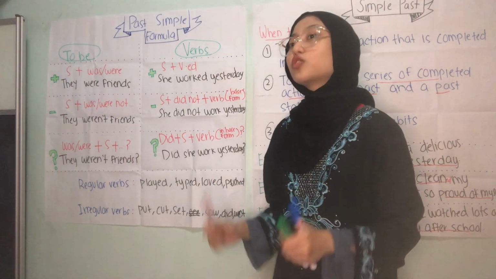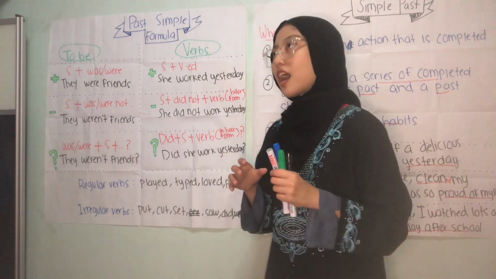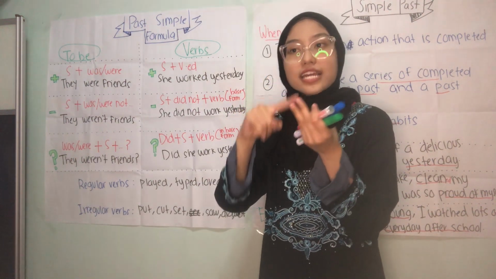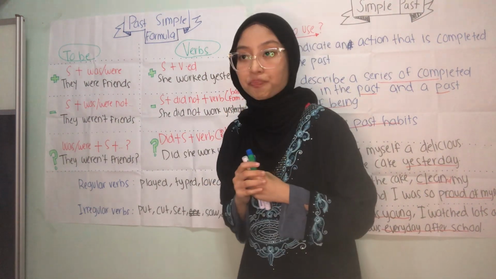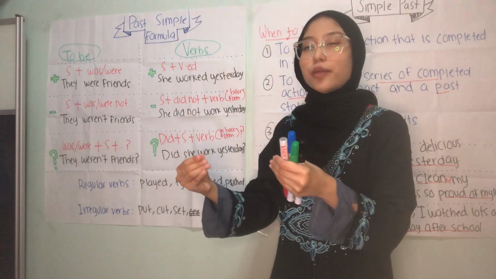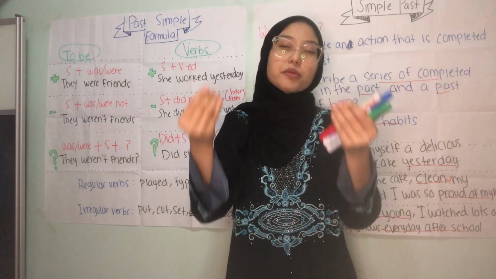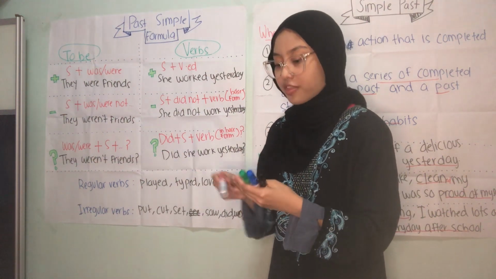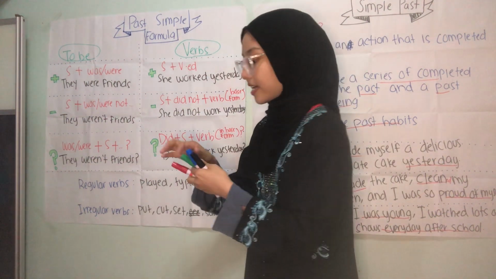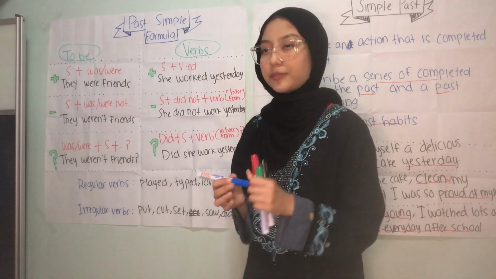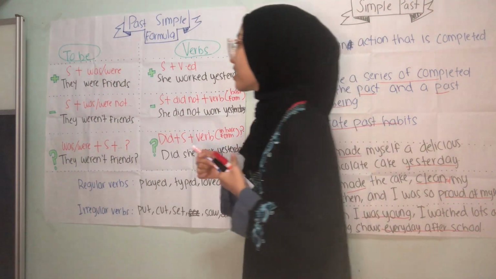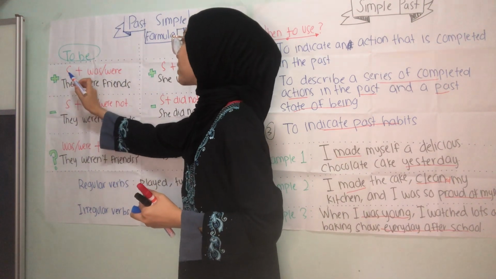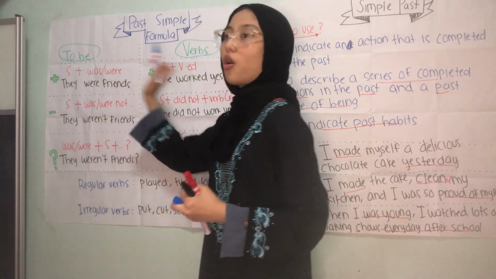To be verbs describe or tell us the condition of people, things, places, and ideas. The first formula, for the positive one, is subject plus was or were.